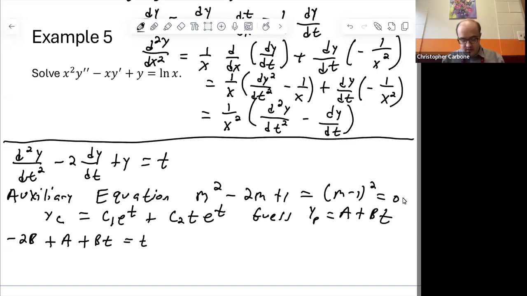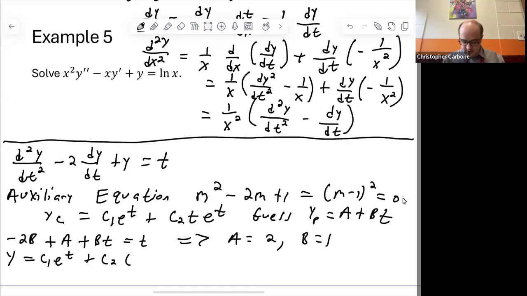And we take our derivatives and apply them in. This gives us a value for a to be 2 and a value for b to be 1 in order for this to solve our differential equation. So, for our complete solution, we have c sub 1 times e to the t plus c sub 2 times t e to the t plus 2 plus t.